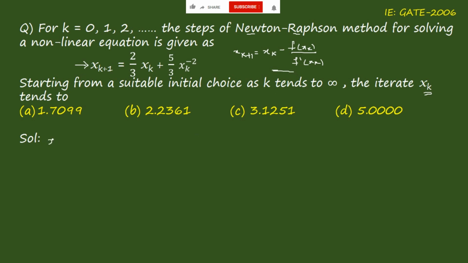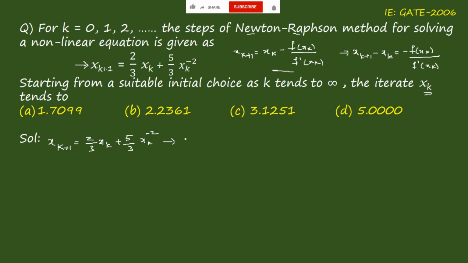It is given that x of k plus 1 is equal to 2 by 3 x of k plus 5 by 3 x of k power minus 2. First we'll solve such that we get x of k plus 1 minus x of k is equal to minus f of x of k by f dash of x of k, so substitute the values.